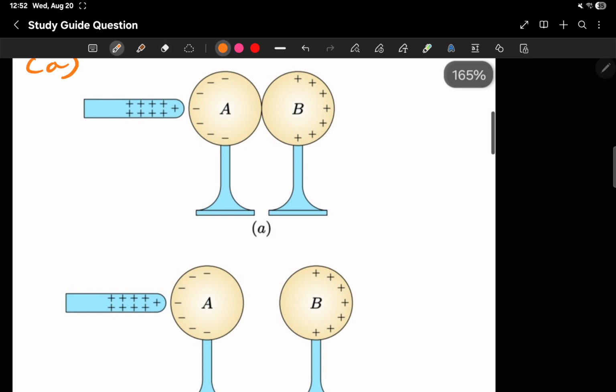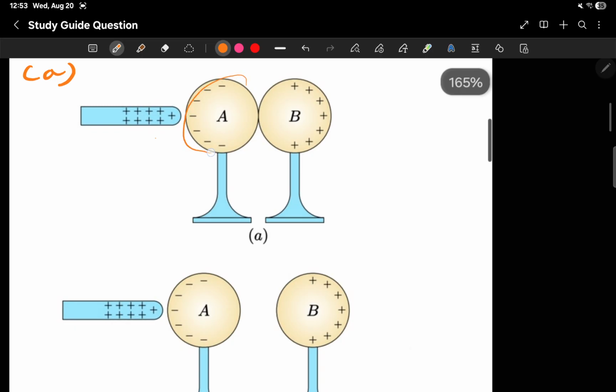And at the same time, the glass rod that's positively charged is pushing away sphere B because sphere B only has positive charges left over. So the glass rod is repelling sphere B while attracting sphere A.